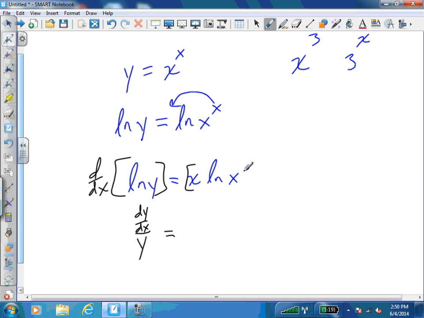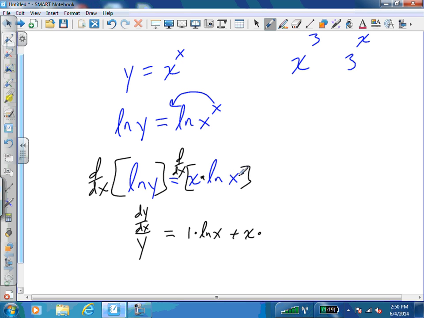If we take the derivative of the right side with respect to x, what's the formula we're going to have to use? Product. We have a product of variable factors. So the derivative of the first times the second plus the first times the derivative of the second.